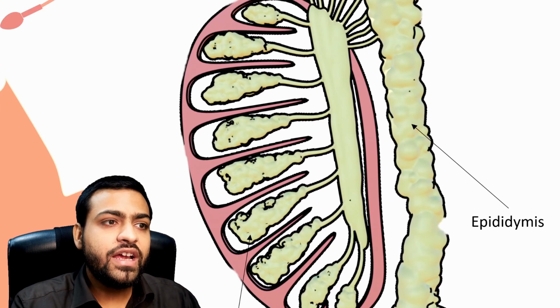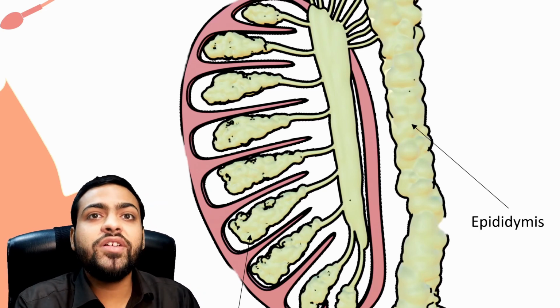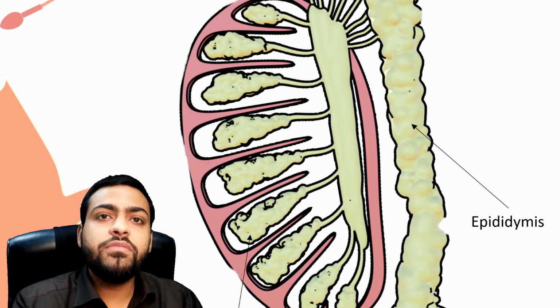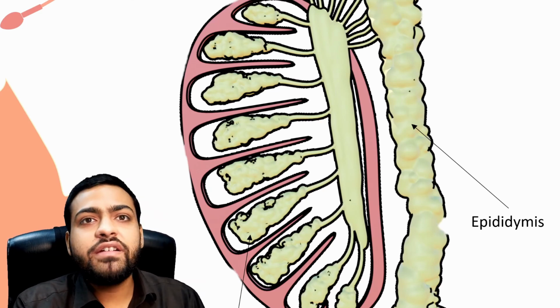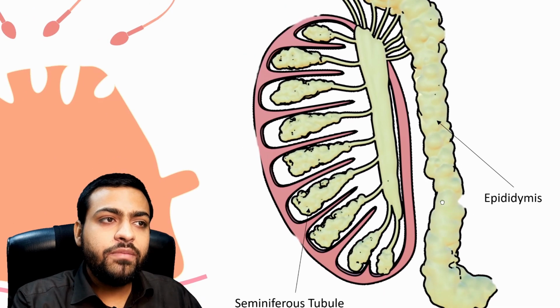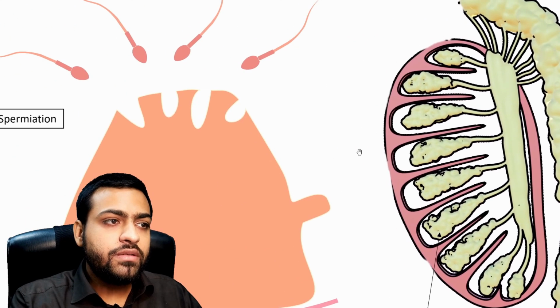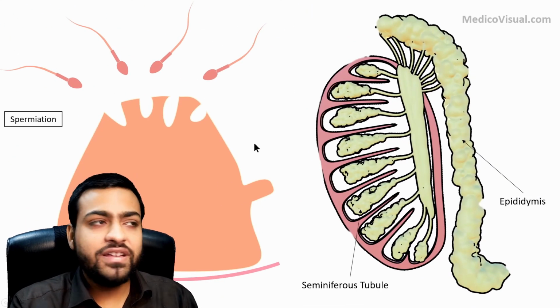You got my question: in seminiferous tubule there is blood testis barrier. What is in epididymis that protects it from immune system? So I will address this question in next lecture. Meanwhile, you have to tell me the answer to this question in the comment section. So this was about spermiogenesis.